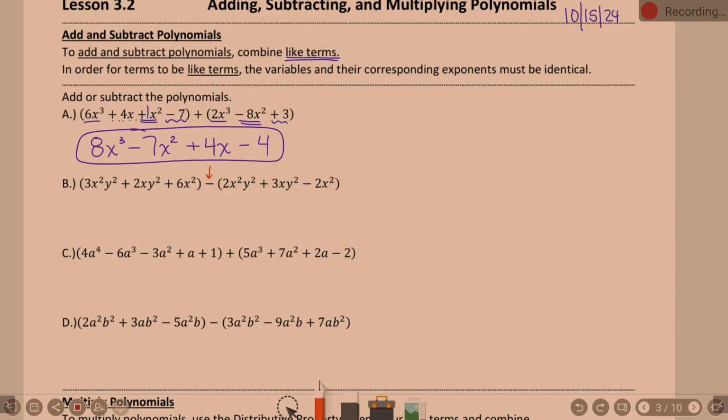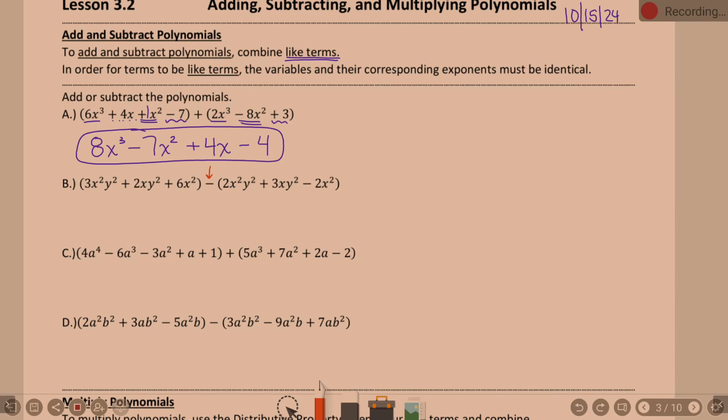Do you guys go through and rewrite this, or do you just look at it as is and do it? I just look at it and do it, and I'm fine with that. When I talk about rewriting it, if you want, you could rewrite this all out, and since it's subtracting, change all the signs in the second parentheses.